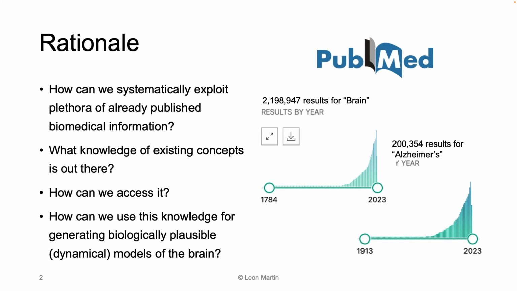Let's suppose we're interested in the brain, and we type in brain in the search box, and we get like 2 million papers, all related to the brain. Even if you want to be more specific and start your career in Alzheimer's research, there are also like 200 publications out there, or even more if you streamline your search more specifically.